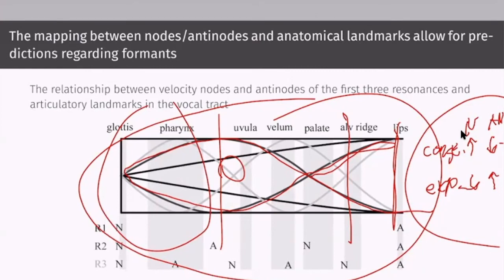And then there's a consonant. And then F3 goes back up and F2 drops down. What have I observed? What is the place of articulation of that consonant?